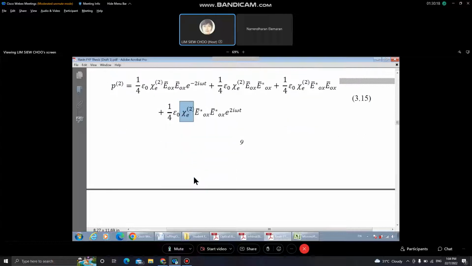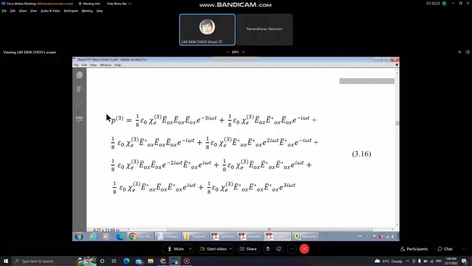And then for the third order effects, you put your P3 as this assumption, and then you put it into the Duffy equation, then you obtain the results for the chi3, and chi3 for the fundamental frequency. Chi3 you have two results, omega and 3 omega, right? Then you just put the chi3 for the fundamental frequency. And the derivation, if you like, you just put it in the appendix, right? Okay, yeah.